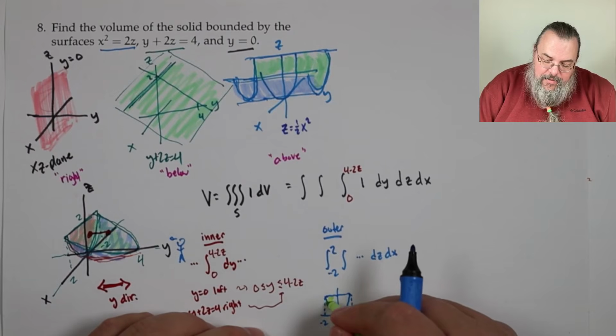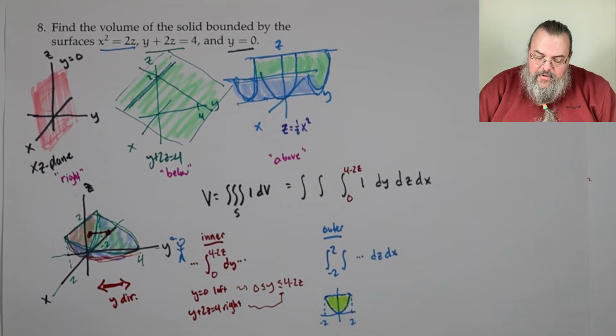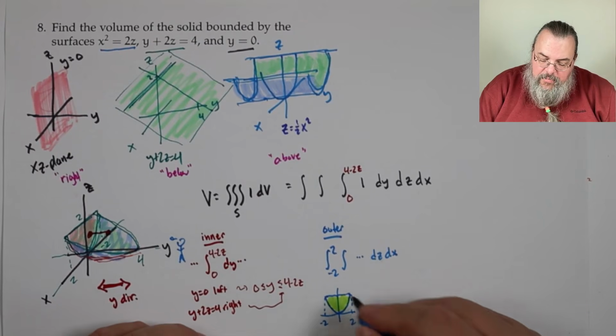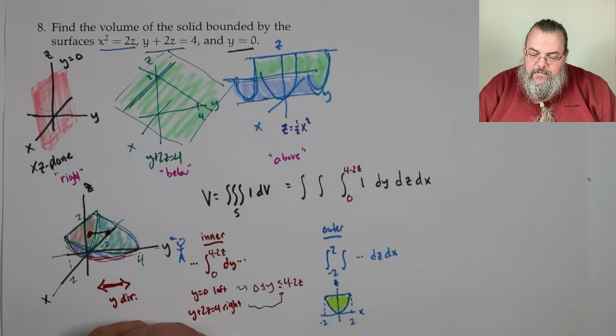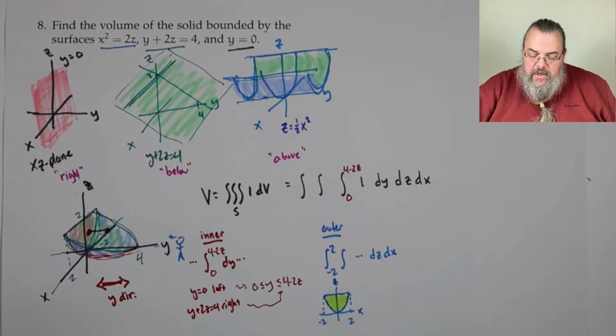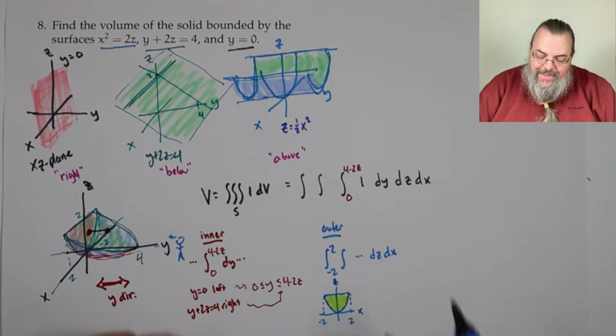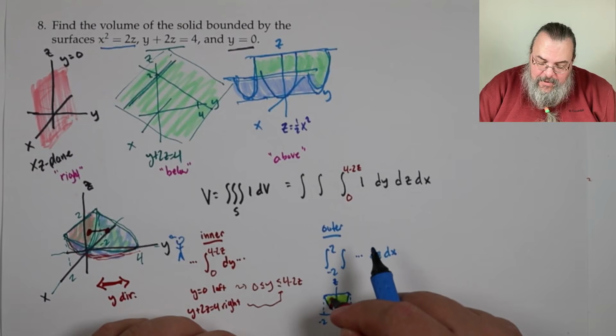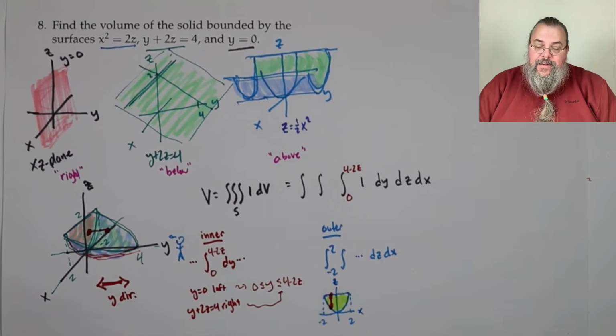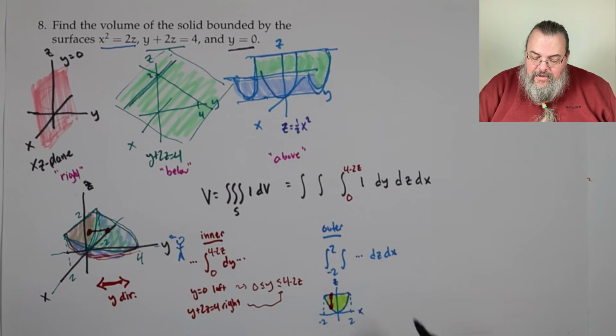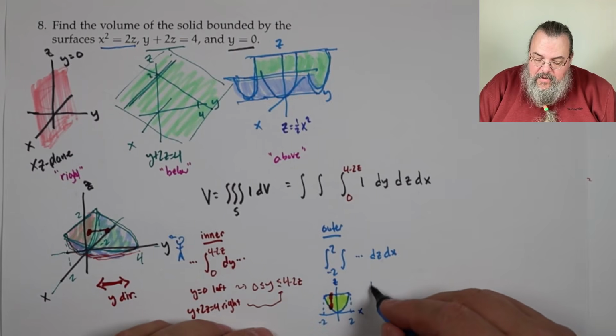And then you say, okay, well, where does y go? Sorry, where does z go from? I should mark this. This is the xz plane. And where does z go from? Well, you pick an x somewhere between -2 and 2. And you say, well, we go from the parabola up to that line. Then the line at the top, that's our z equals 2.